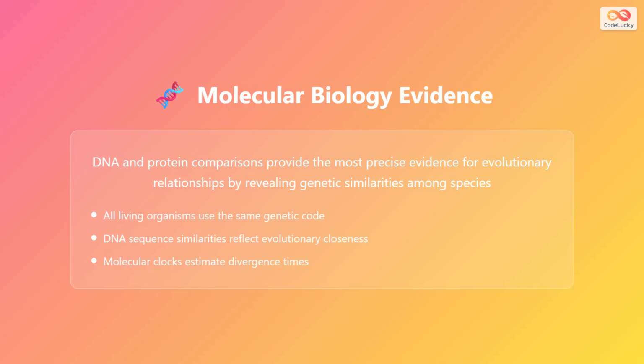Second, the degree of DNA sequence similarity between species reflects how closely related they are evolutionarily. Species that diverged more recently share more similar DNA. Third, scientists can use molecular clocks, which measure the rate of genetic mutations over time, to estimate when different species diverged from common ancestors.